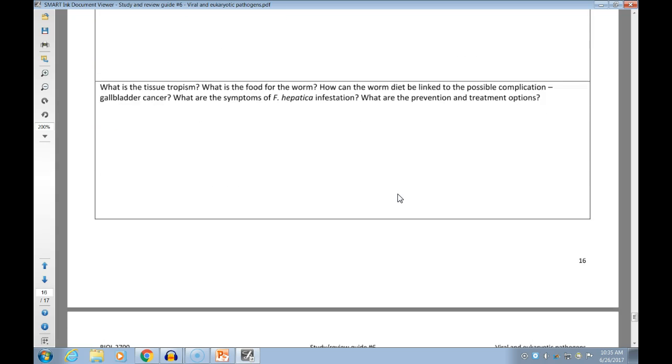Tissue tropism: bile ducts of the liver and bile ducts that lead to the gallbladder. Food, epithelial cells. Remember we talked about gallbladder cancer that arises from the fact that the worm stimulates epithelial cell division. Does that make sense?